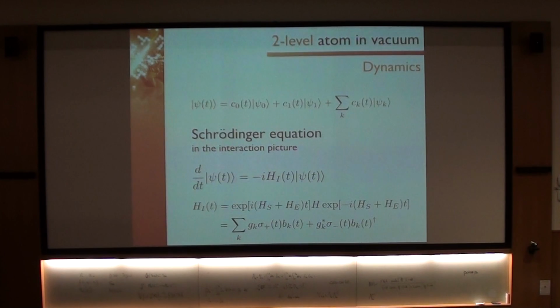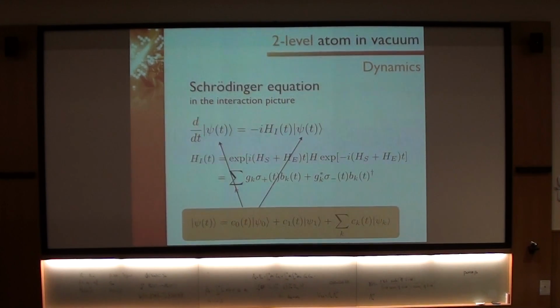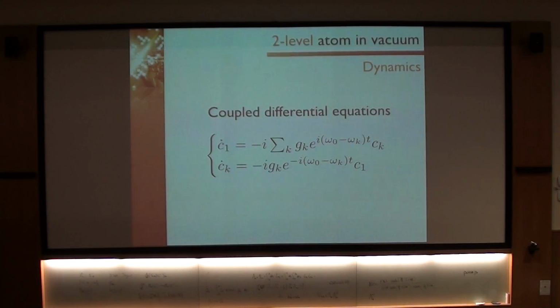Here I wrote it directly in the continuous limit, but basically when I plug this in, I will obtain an integro-differential equation that contains this g_k modulus squared. And this object, with some factors, becomes the spectral density. So the microscopic coupling in the interaction Hamiltonian defines the spectral density.